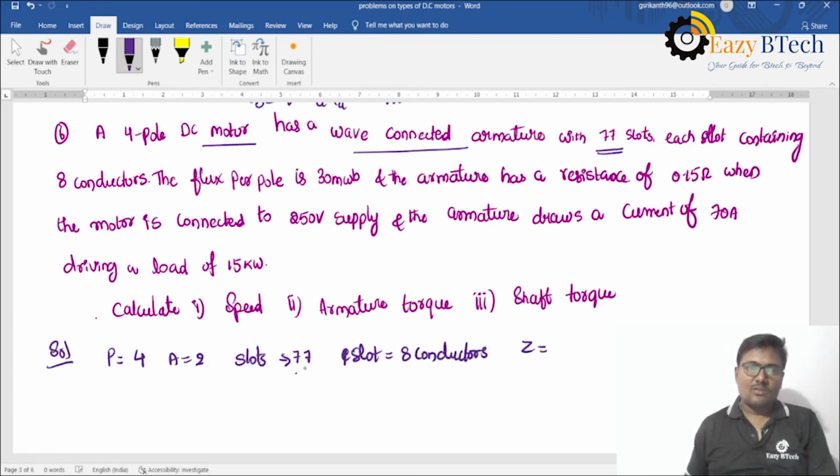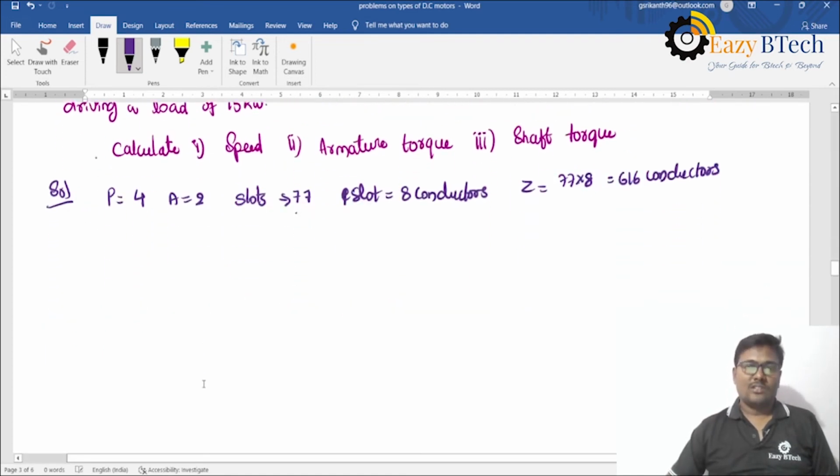So total number of conductors is 77 into 8, the value is 616 conductors.